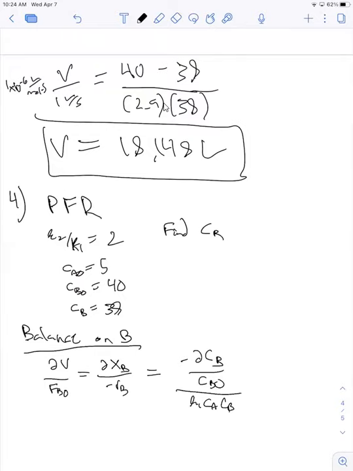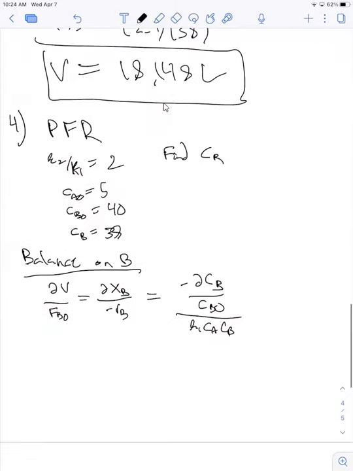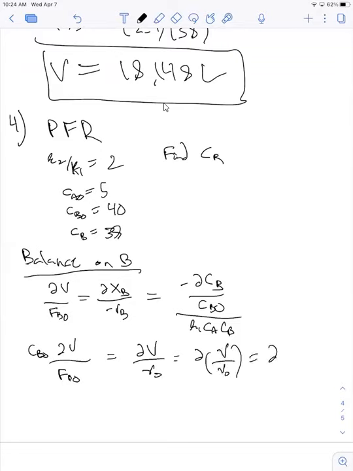So if we multiply by CB0 and FB0, since volumetric flow rate is constant, this just equals tau.